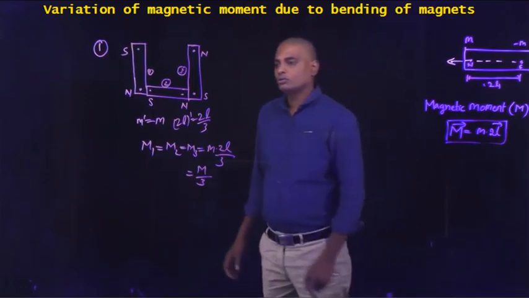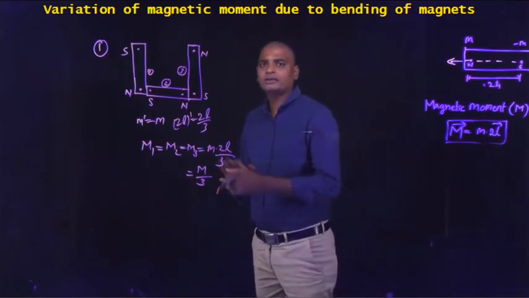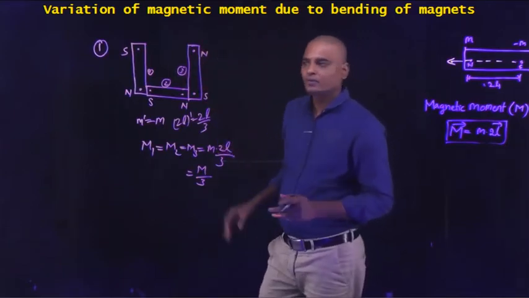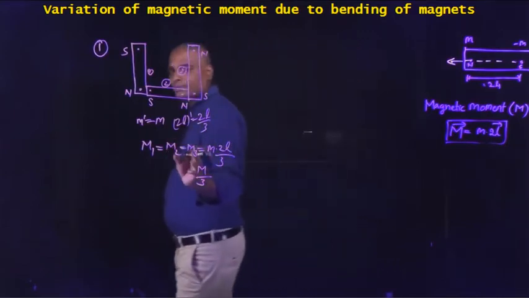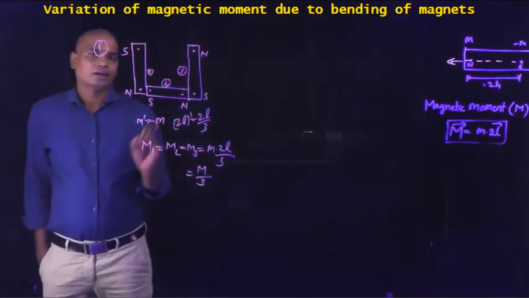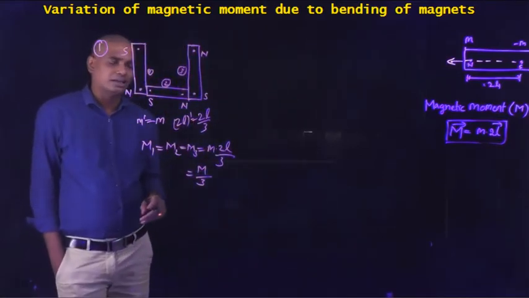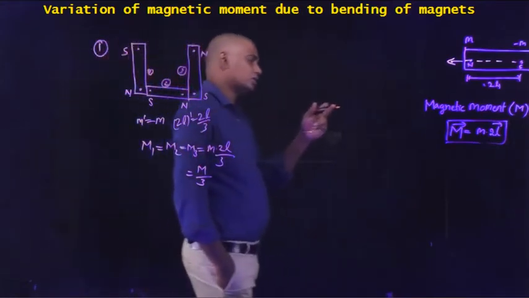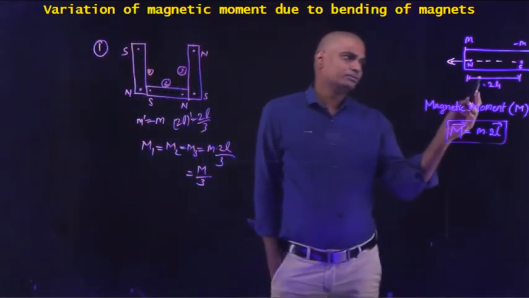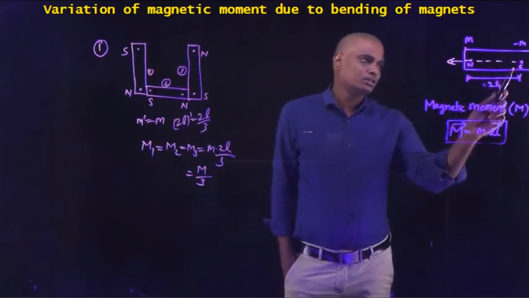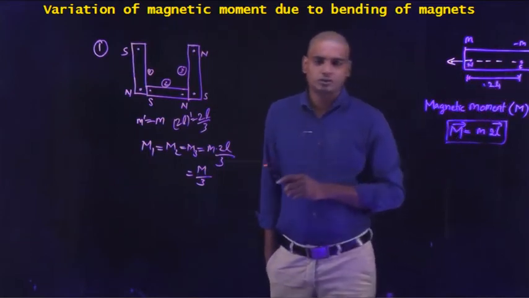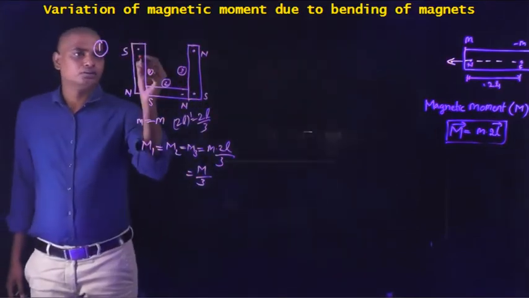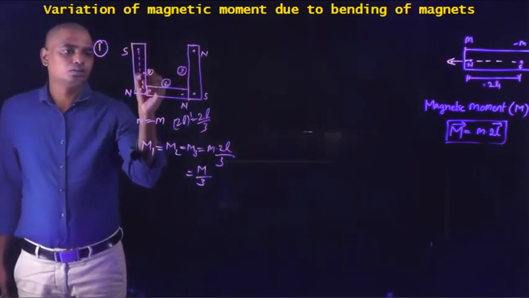Now we have to calculate the total dipole moment due to these three segments. As the magnetic dipole moment is a vector quantity, let us see the direction. From the bar magnet, we know that the direction of the magnetic dipole moment is always from the south pole to north pole.